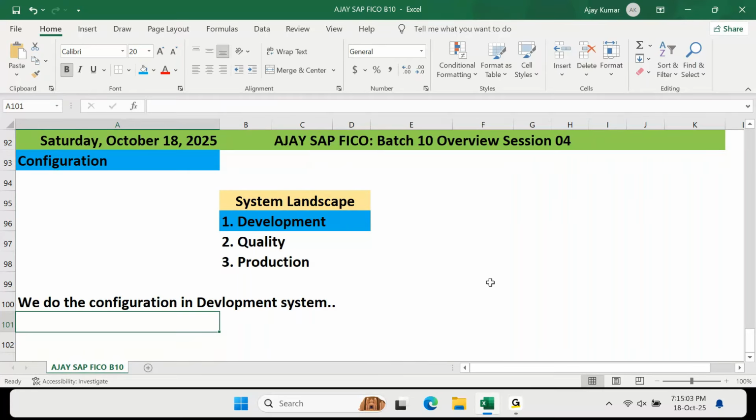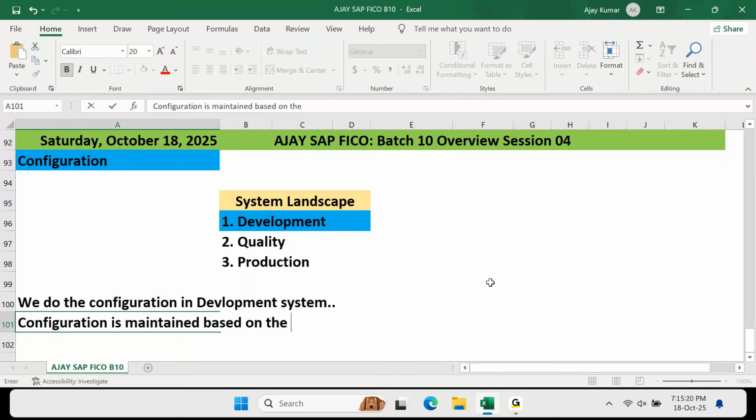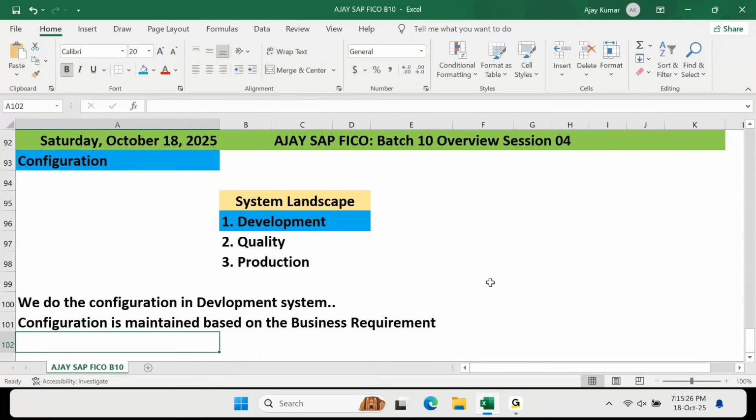Next, is configuration maintained directly, or based on the business requirement? Configuration is maintained based on the business requirement. Are these two points clear for everyone?